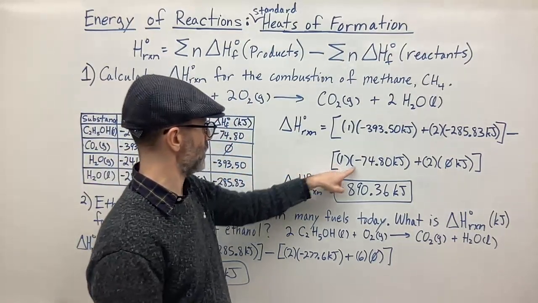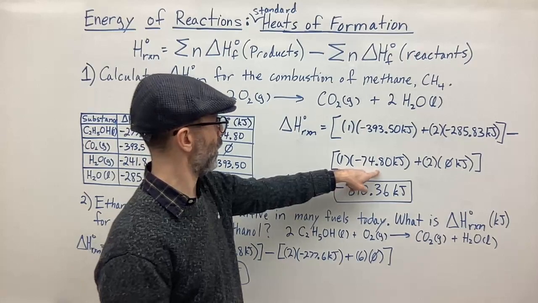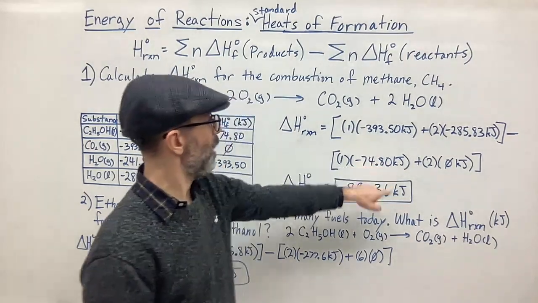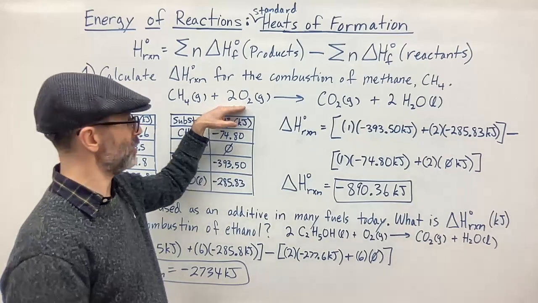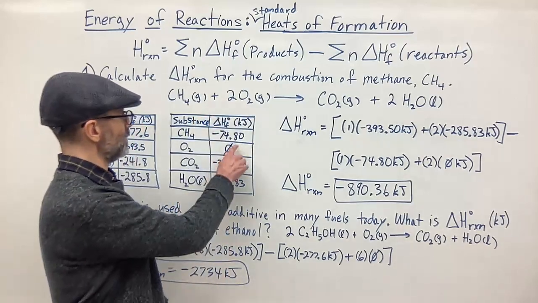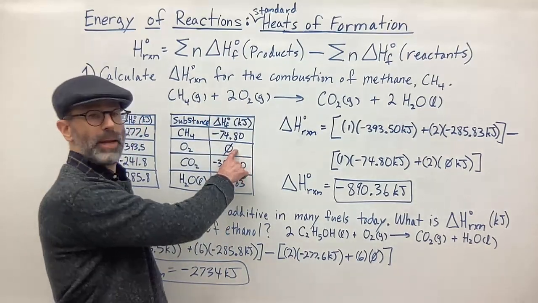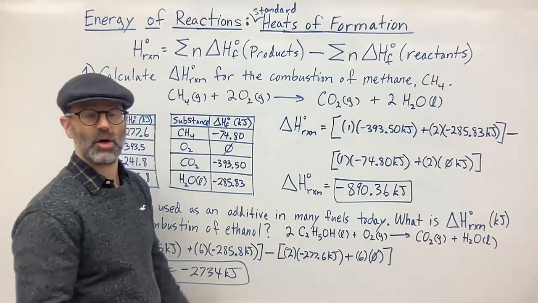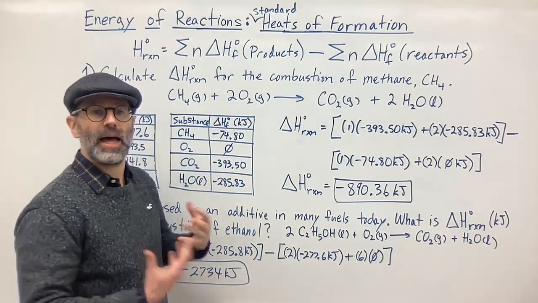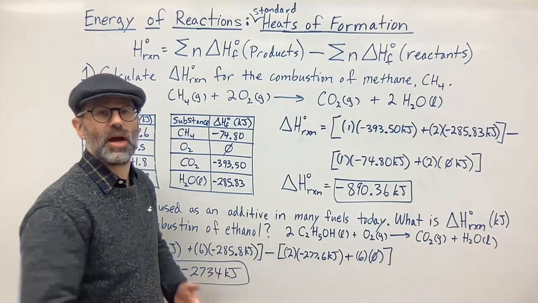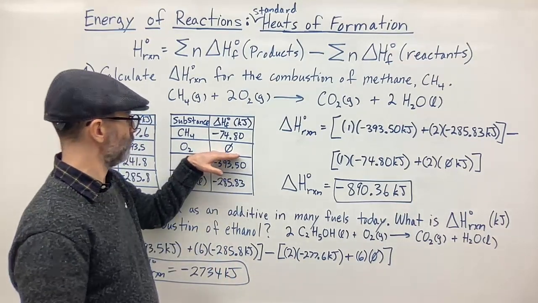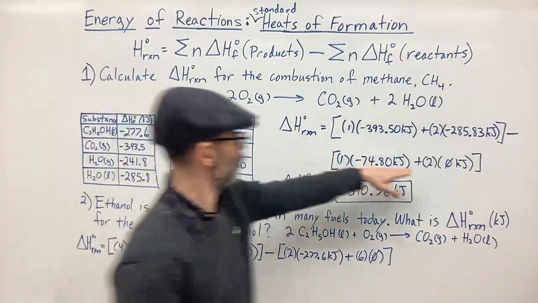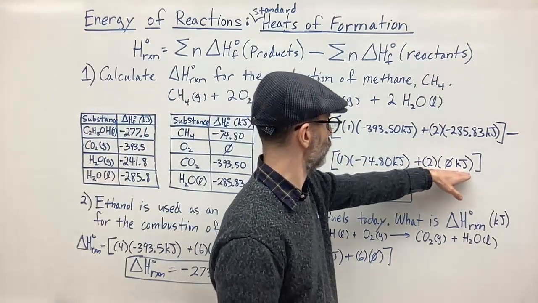So that's going to be 1 times negative 74.80 kilojoules plus, and then I have oxygen. I have 2 moles of oxygen, but you'll notice in the table that the heat of formation of oxygen is 0. And as I said before, elements in their standard states are going to have a standard heat of formation of 0. And so that's what it is in the table. And so I have 2 times 0 kilojoules.